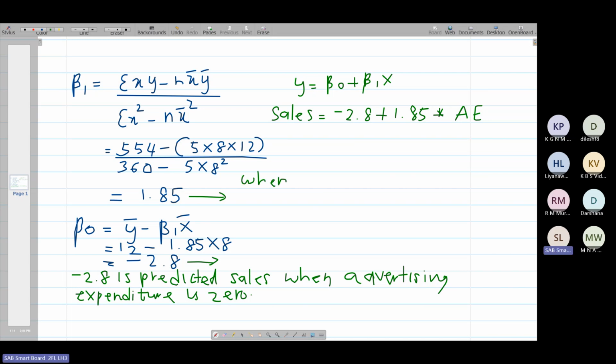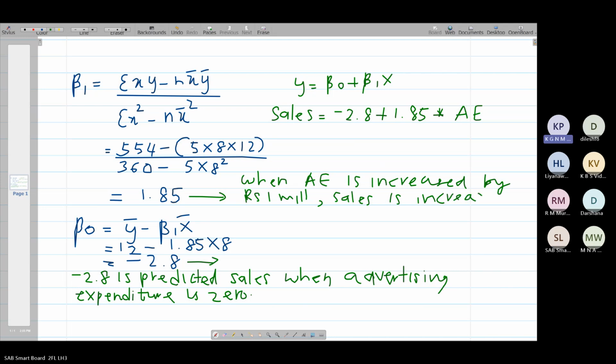When advertising expenditure is increased by rupees 1 million, sales revenue increases, since the value is positive, by 0.85 million.